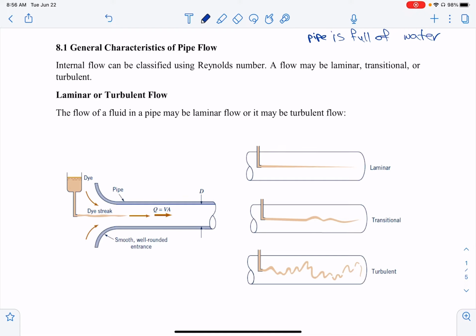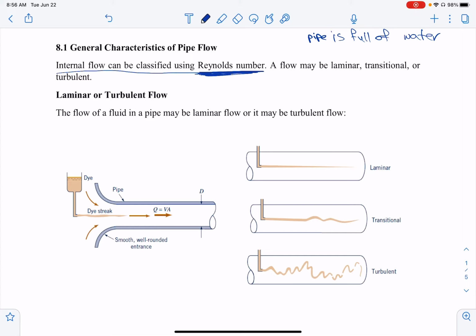Now let's see how we can classify our flow. The internal flow can be classified using the Reynolds number. Reynolds was the first to distinguish the difference between these classifications of flow. This is why we call it the Reynolds number.